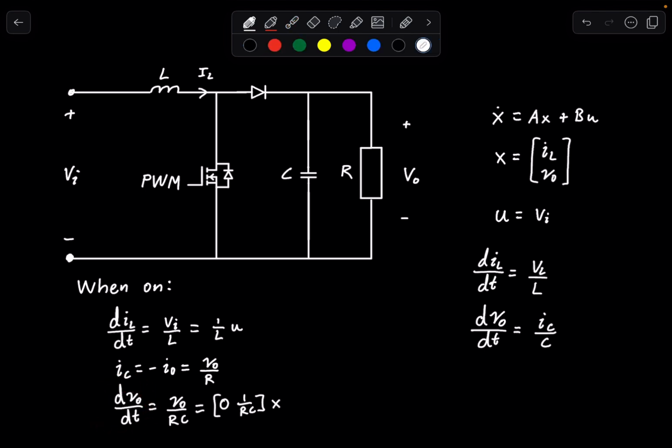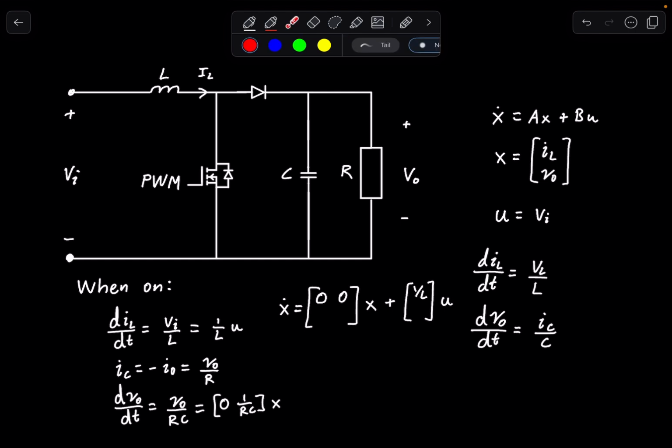So if we put these equations in here, we will get x dot is equal to, if we first look at this equation, we can see that we don't have any x, which means that we would just have zeros here. So in this matrix, multiplied by x, and then plus 1 over L in this matrix, multiplied by u.